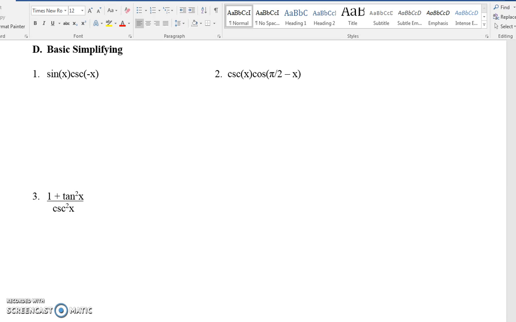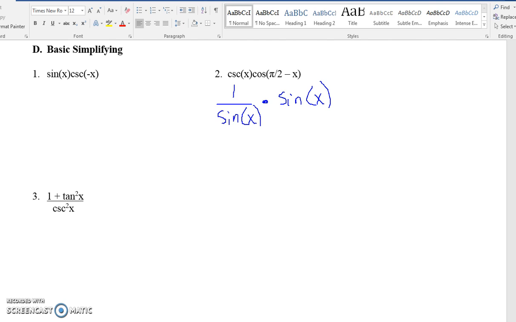If we look at our next example, cosecant of x, it's fairly simple, but we could probably make it a little bit easier if I look at my reciprocal identities. Again, cosecant of x is the same thing as 1 over sine. So I'm going to write that as 1 over sine of x. That's a multiplication symbol there. If I look at the cosine of pi over 2 minus x, if I look at my cofunction identities, that's the same thing as sine of x.